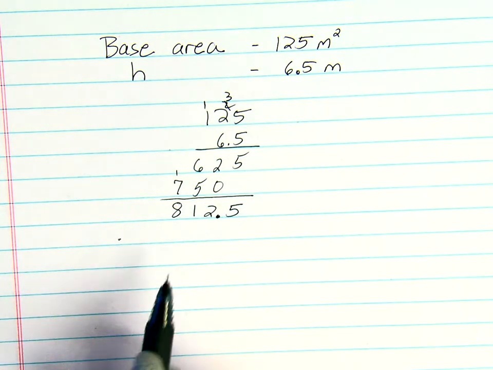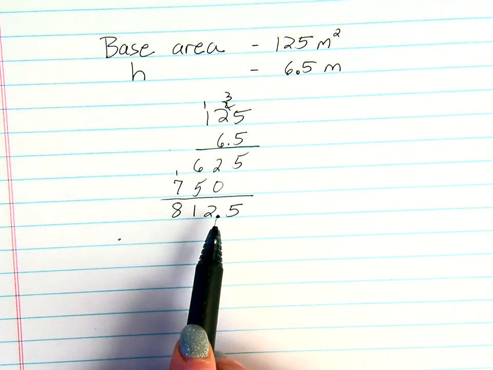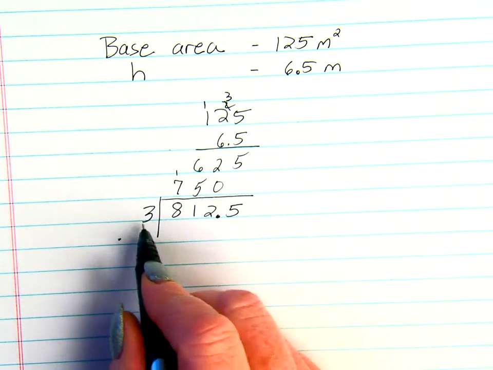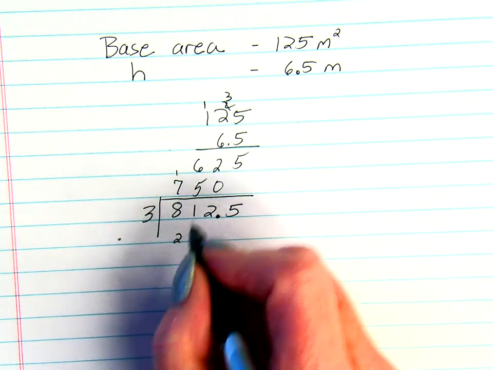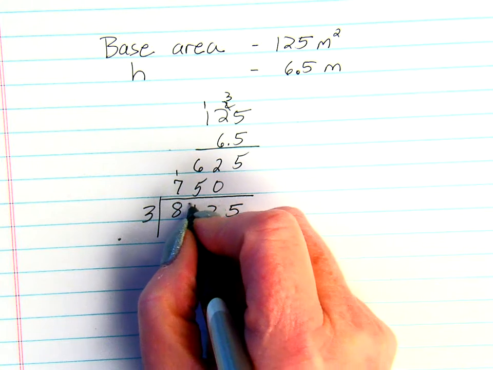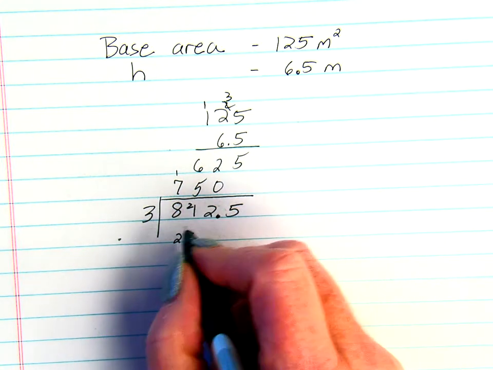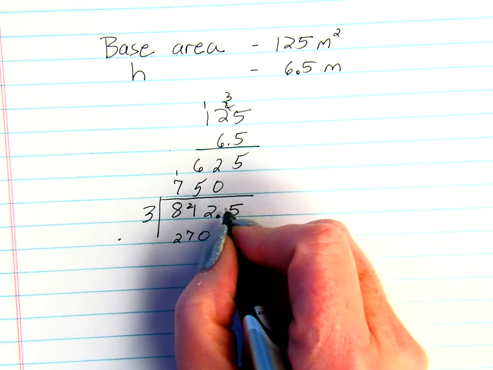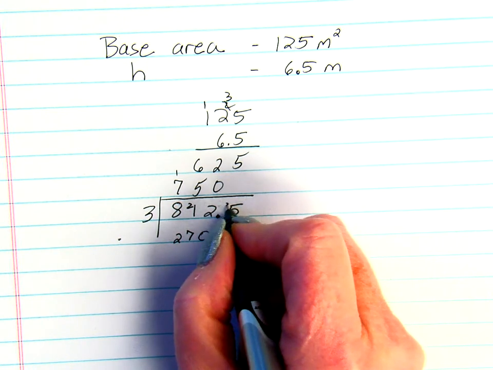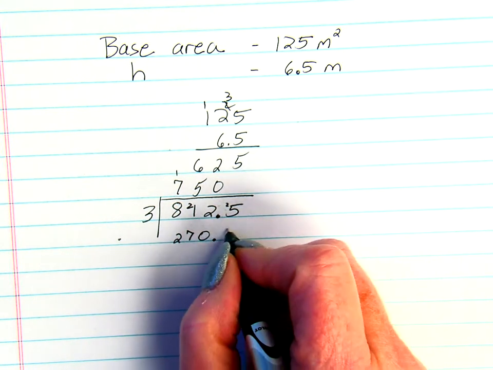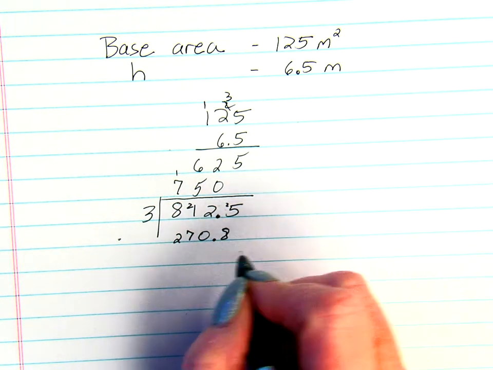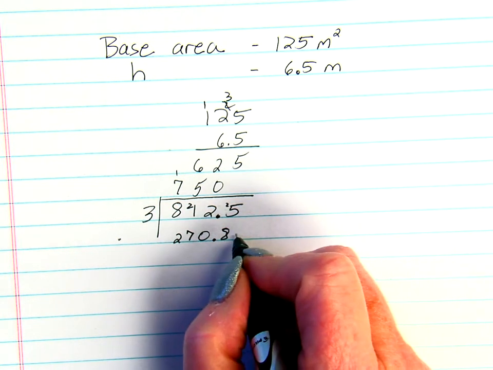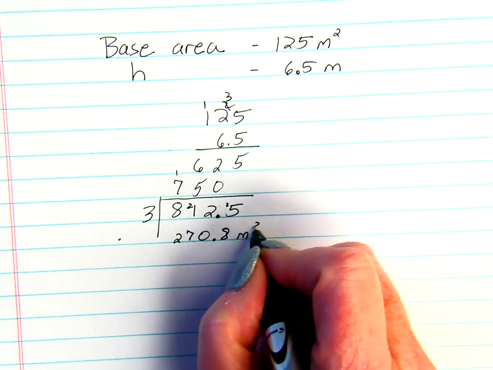And now what we're going to do is multiply this times 1/3, or divide it by 3. 3 goes into 8 2 times with 2 left over, and it goes in here 7, and it goes in here not at all, and it goes into 25 8 times with 1 left over, so we're just going to call it 270.8, and that will be meters cubed.